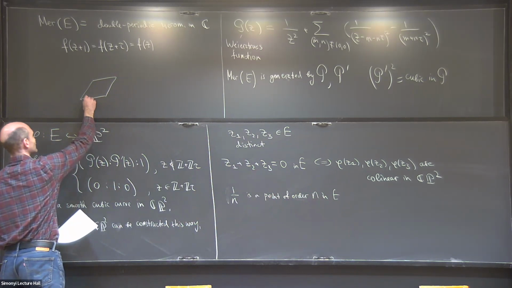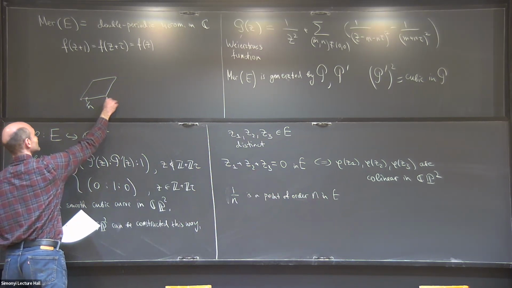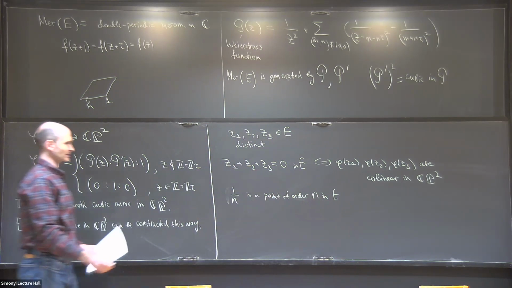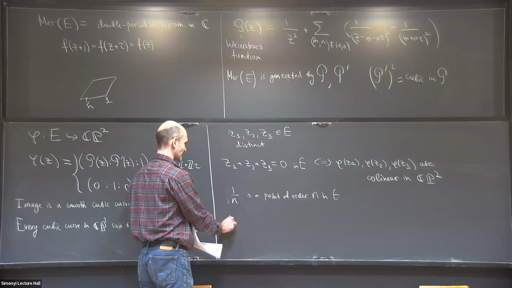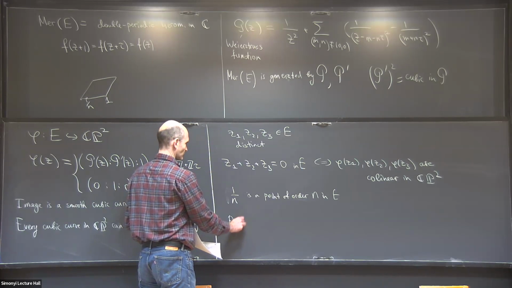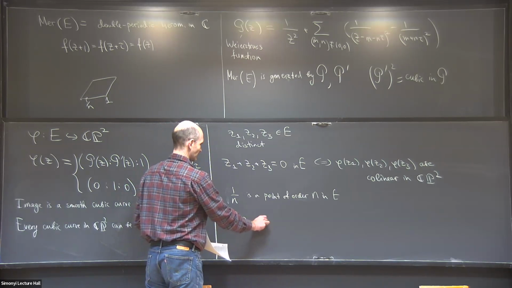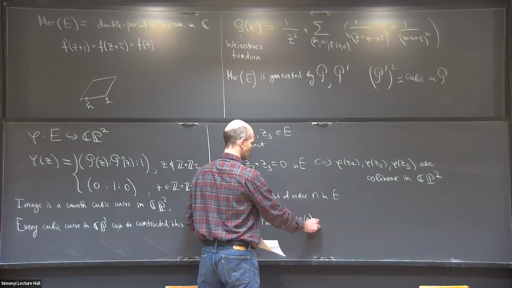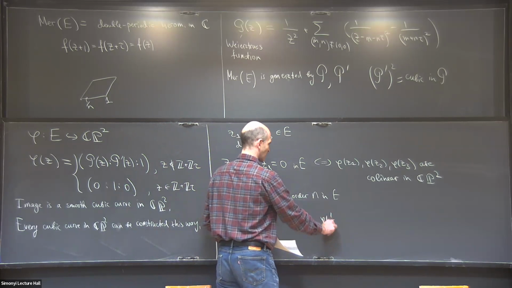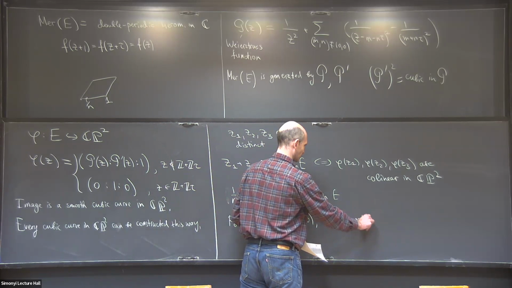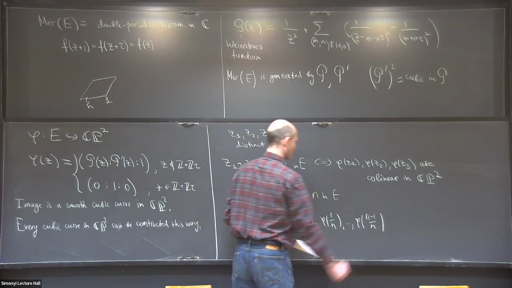This is my fundamental parallelogram. This is my 1 over n. So you have a point of order n. If you have a subgroup generated by this point, more precisely, let's take P0, P1 up to Pn minus 1, which are phi of 0, phi of 1 over n, and so on, phi of n minus 1 over n.